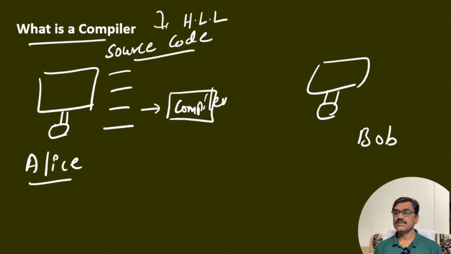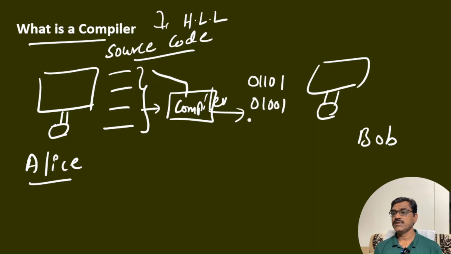Now the role of this compiler is, at a time, how many instructions? 4 instructions are there in the source code. At a time all the 4 instructions are converted into the machine code, that means zeros and ones. This is the first one, the second one, the third one, and the fourth one.